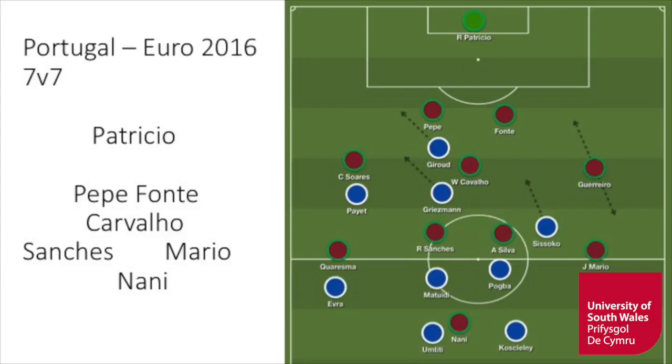Then we can break the format down further into a 7v7 structure with Patricio in goal, Pepe and Font as the 2 defenders, Carvalho as the deepest centre midfield player, with Sanchez and Mario acting as the forward wingers and Nani as the centre forward.